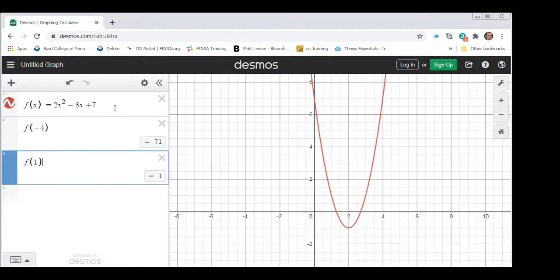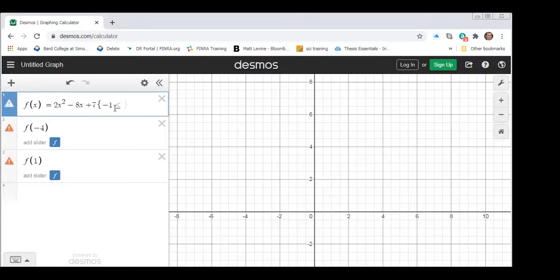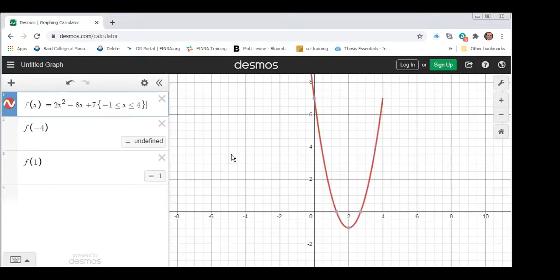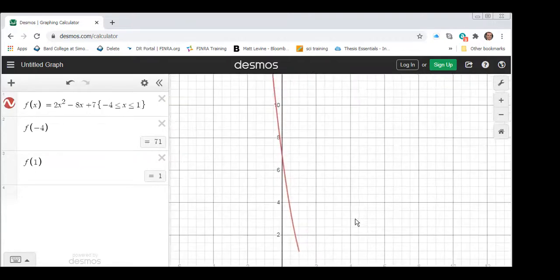You get that for free from the theory. But you can also check this out by graphing x between -4 and 1. Sorry, I got that backwards. -4 to 1. There you go.